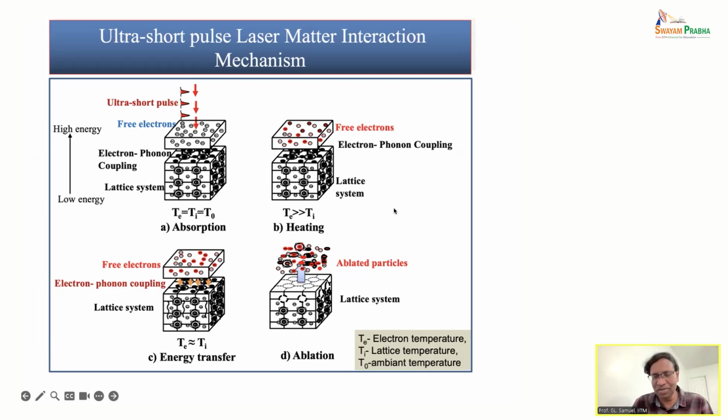Once the electrons are gone, the material is removed. So the material removal is happening and there will be no heating of the lattice material. Here we have shown that there are a few electrons which may get this energy and also escape, and that is the reason we have a small heat affected zone. If they escape, it is fine, but it also heats the surroundings.